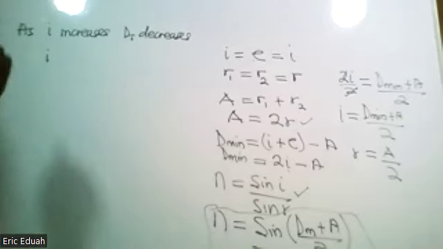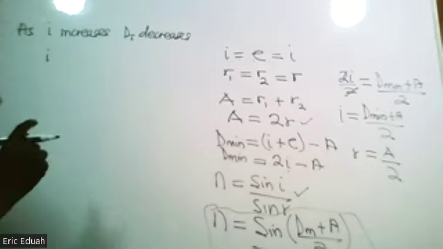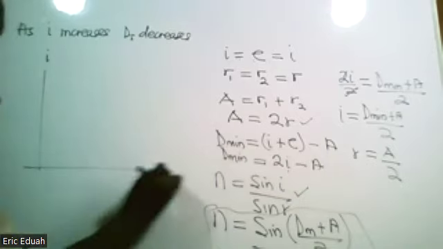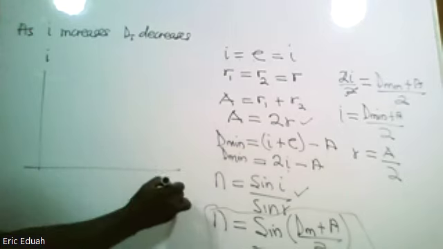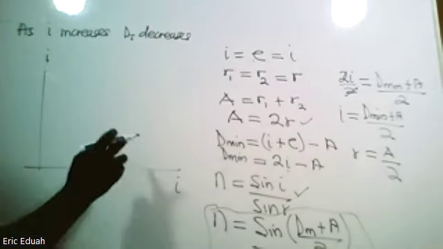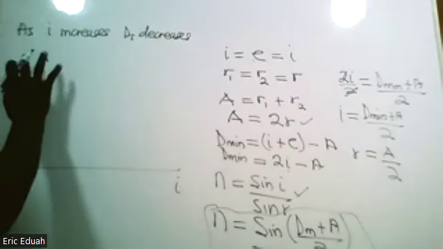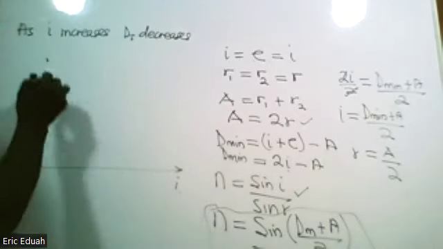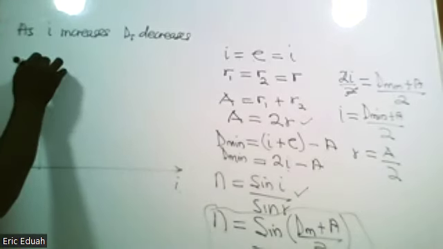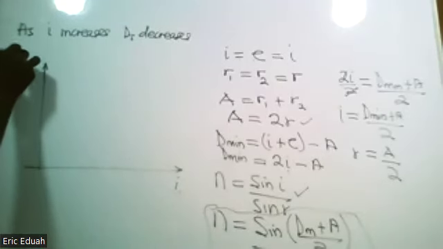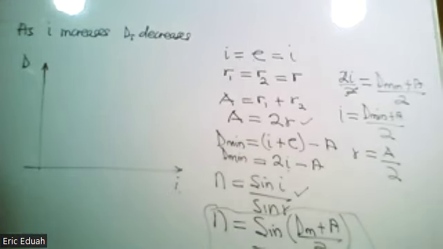Okay. So when you plot a graph of i, because the deviation depends on the angle of incidence, i is horizontal, and then D is vertical.